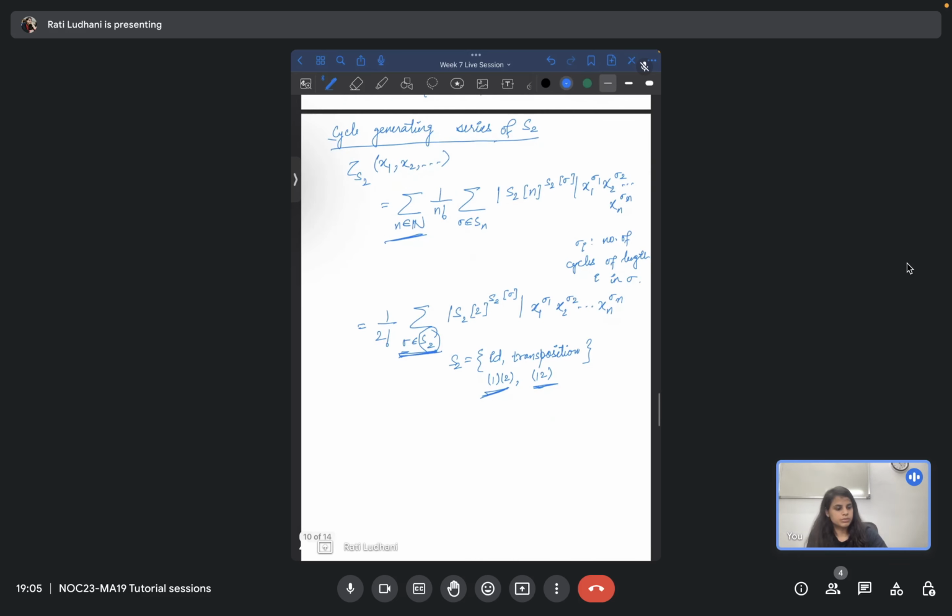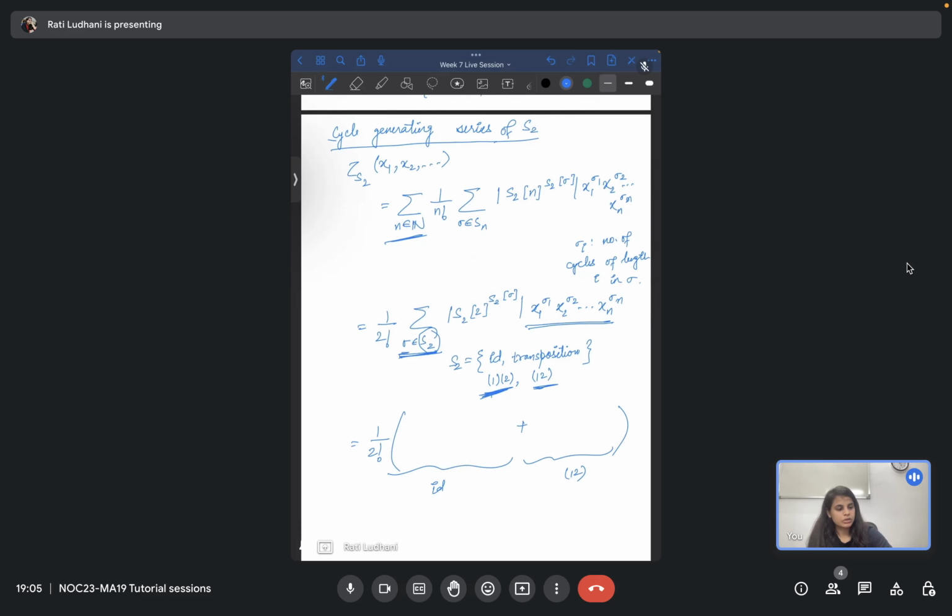So there are two sigmas with us. You take the first sigma, which is the identity. How many cycles are of length 1 for identity? So let's calculate this first. x1 raised to power sigma 1, x2 raised to power sigma 2.